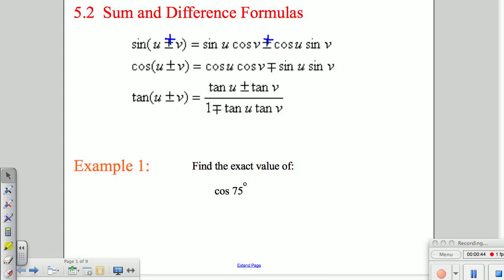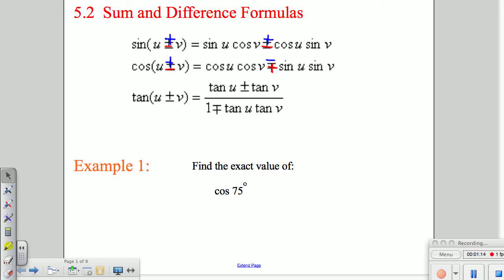If you were going to do sine of u minus v, you're going to use the same formula, only with a minus sign. Now you'll notice in the cosine formula that the plus switches to a minus, and the minus switches to a plus. So then the same happens with the tangent. So these are actually 2 different formulas just written in one.